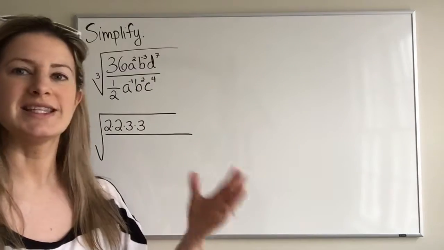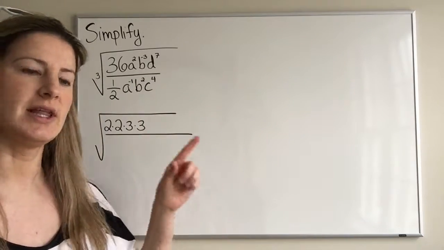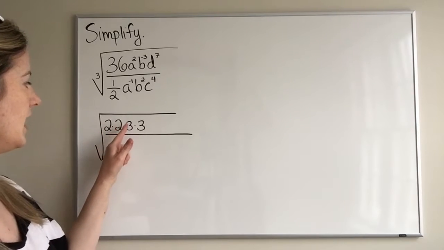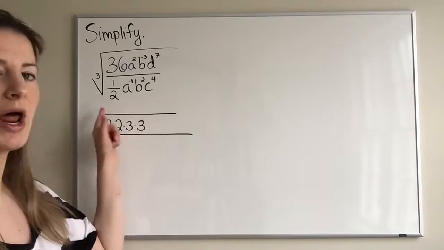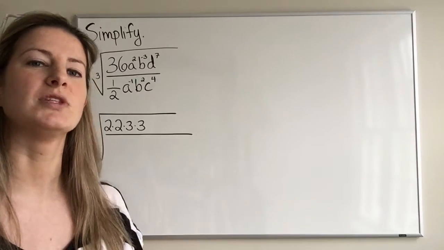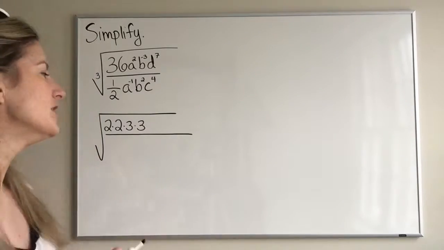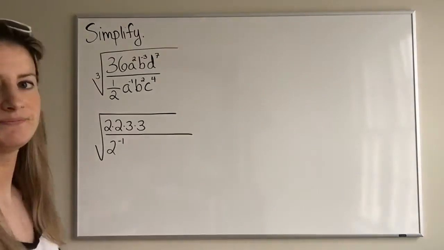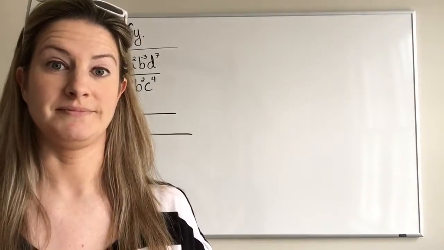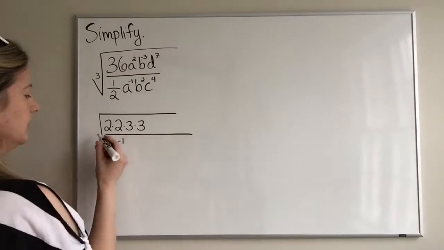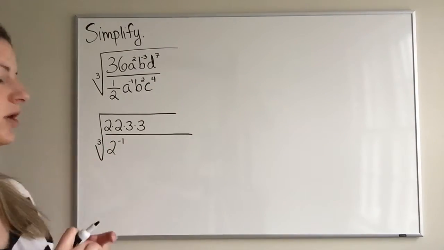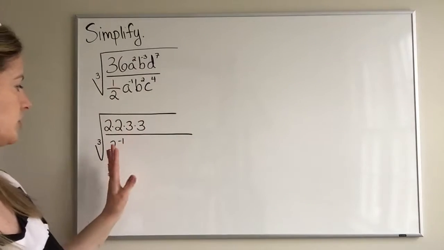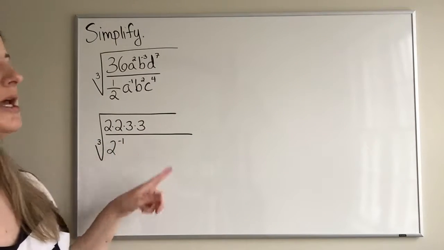The reason we're doing this second is that we've got a 2, a 2, a 3, and a 3, and we can write 1/2 as 2 to the something. We can write 1/2 as 2 to the negative 1. There's a reason I'm doing that. And let's not forget that this is the cube root. Good, so we've handled our numbers right now.